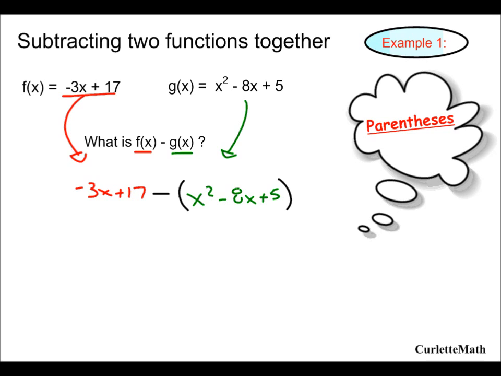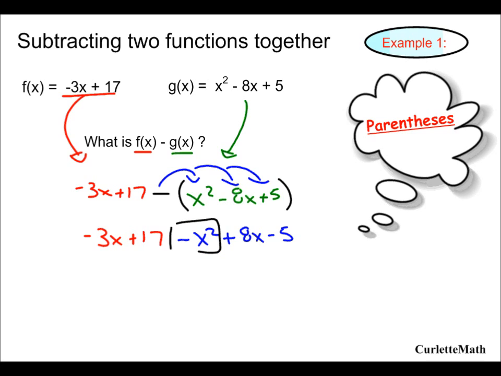I need to distribute the minus sign through, so I'm going to get negative x squared plus 8x minus 5, negative 3x plus 17 still for f of x. Combining my like terms, I have only the negative x squared, negative 3x and 8x, which gives me a positive 5x.